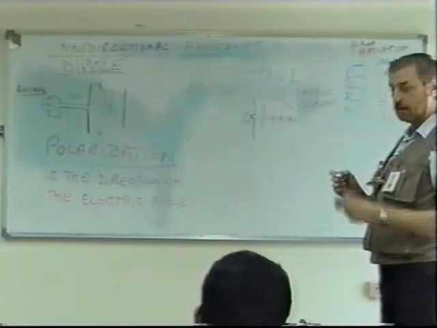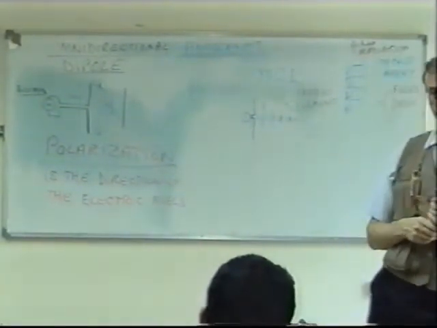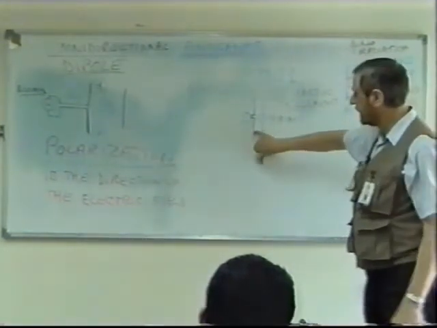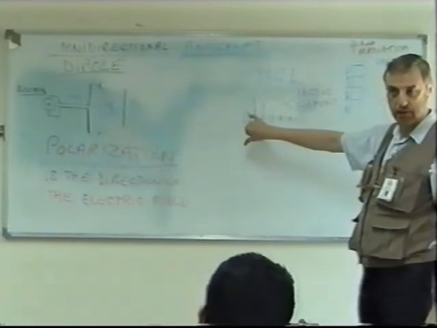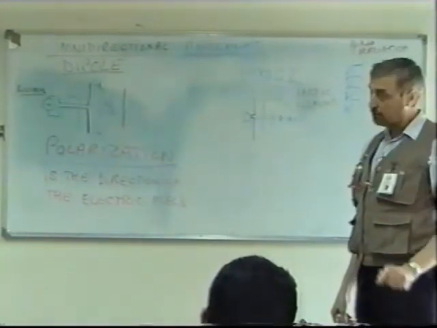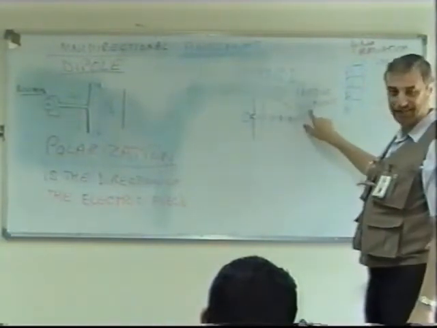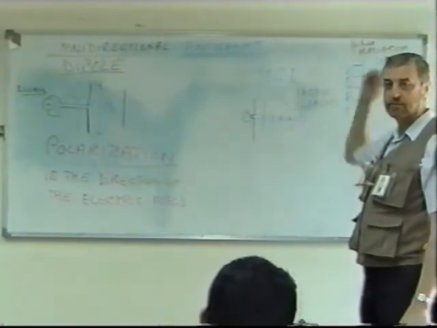Passive meaning there is no power connected to them. Now this element here, the dipole, is active because it actually has the transmitter connected to it. But these are passive. Now we're going to see why we're using them and what advantage they have.